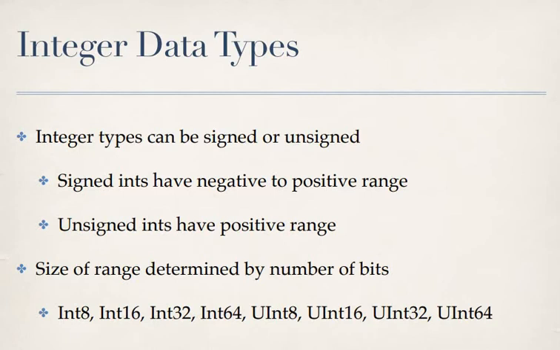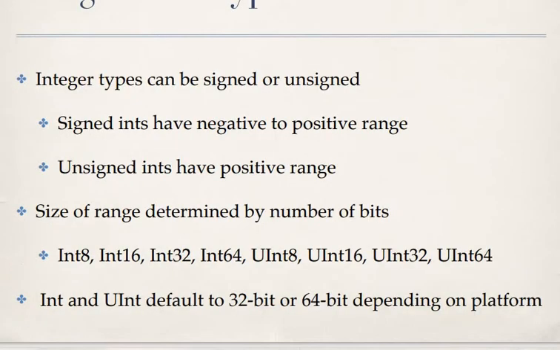So variable bit integer data type. We don't have such notation in C, C++, Java, or Python. So Int and UInt default to either 32-bit or 64-bit. It depends on the platform.